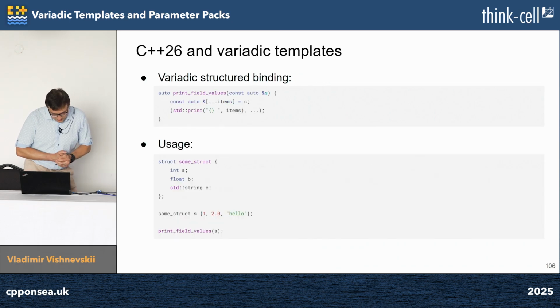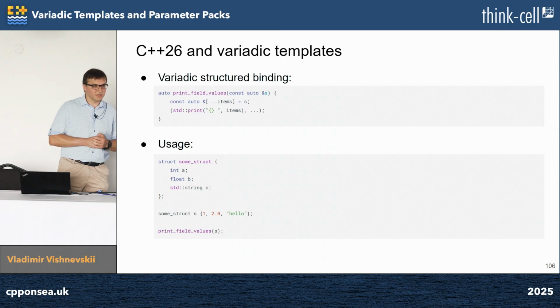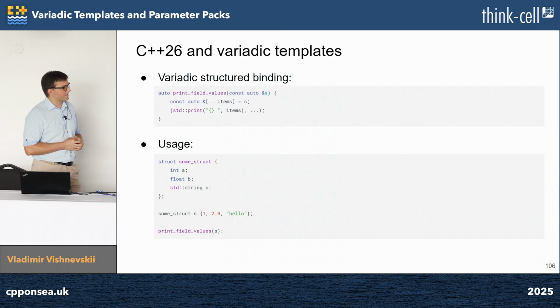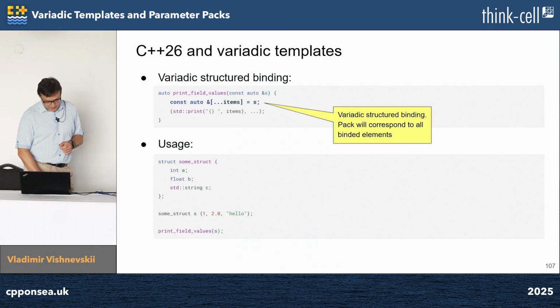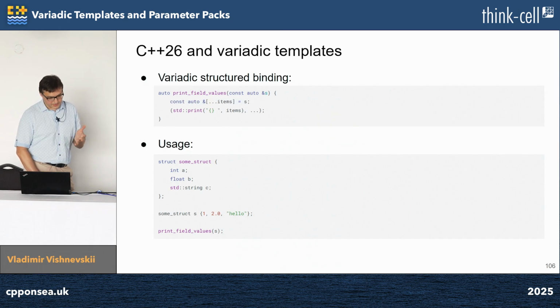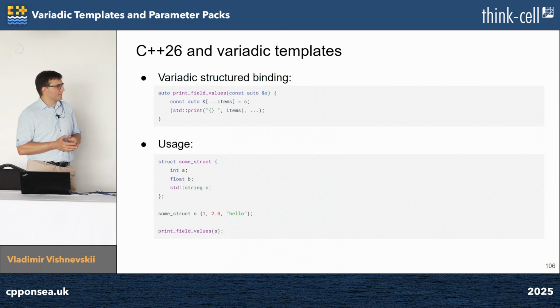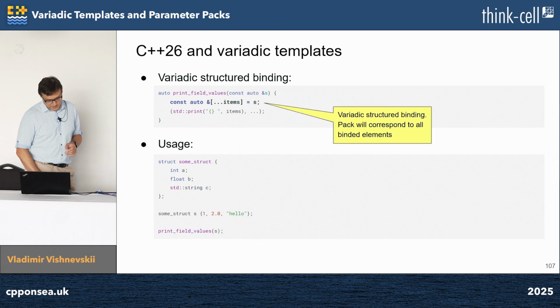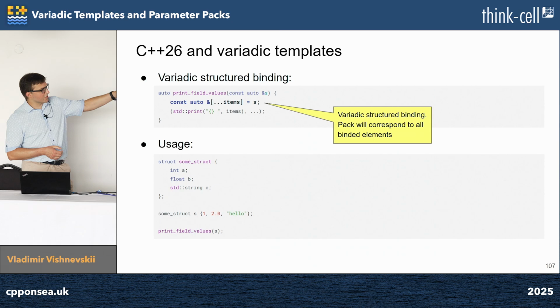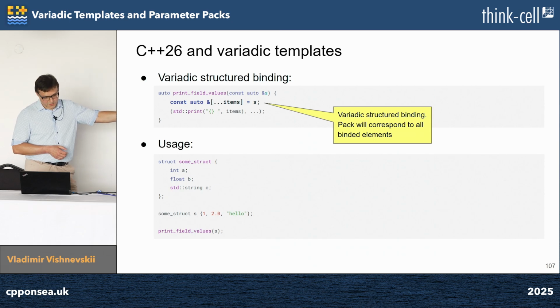Another feature that was added is variadic structured binding. This also looks like a very powerful thing, and this is an interesting example. The feature will enable really some form of introspection. So the example demonstrates how. We can have just a function template that would use the variadic structured binding.